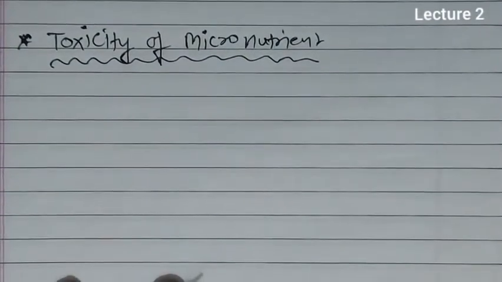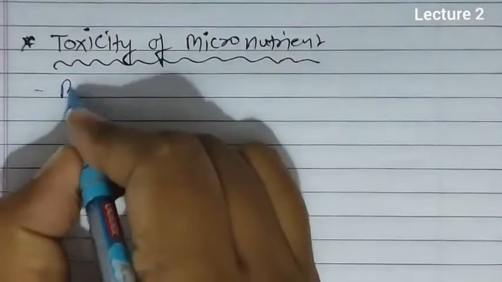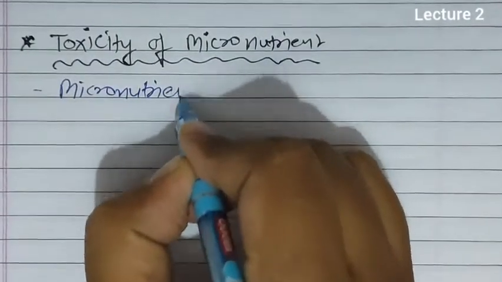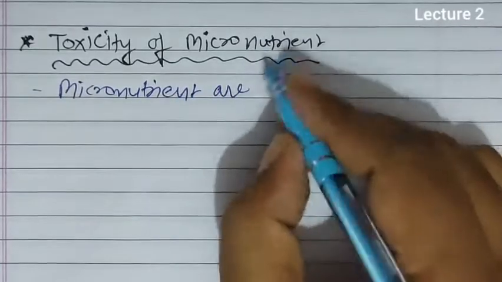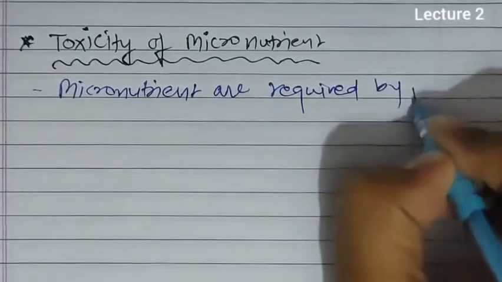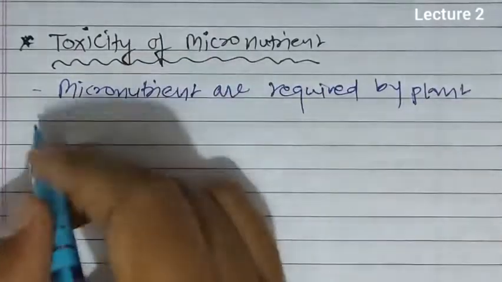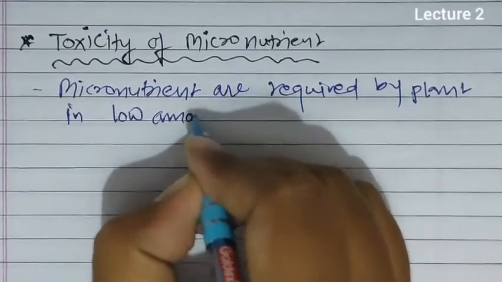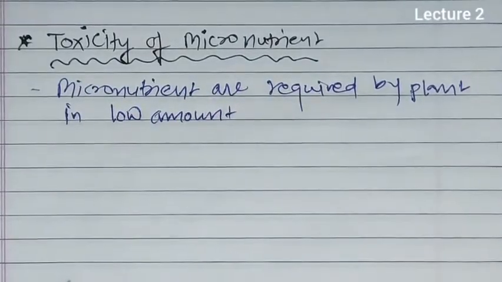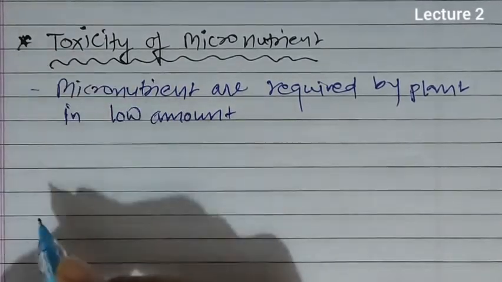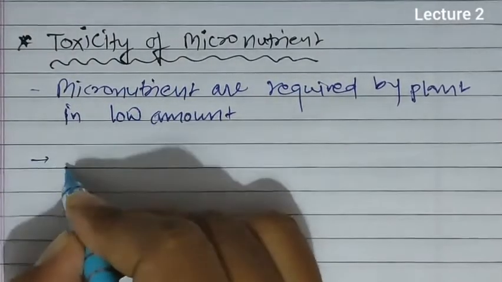Now when we talk about toxicity of micronutrients, they are required by the plant in low amounts. A moderate increase in their concentration causes toxicity of that element.